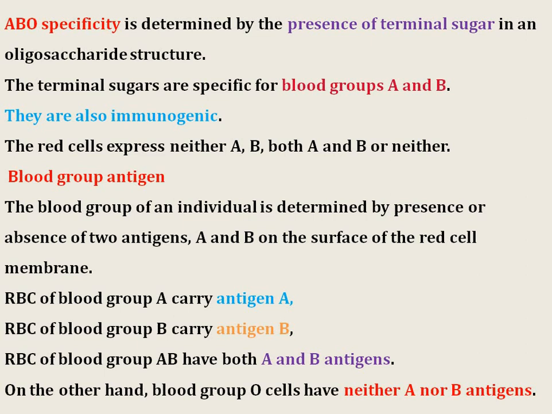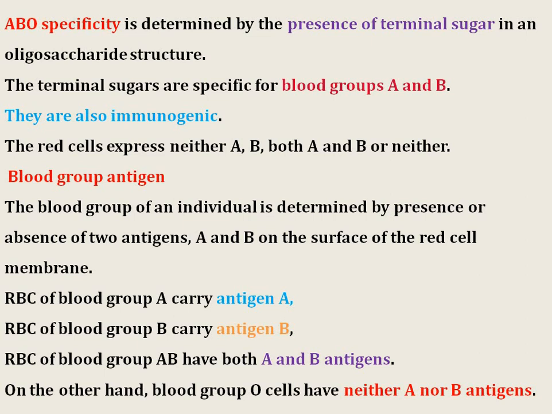ABO specificity is determined by the presence of terminal sugars in oligosaccharide structures. The terminal sugars specific for blood groups A and B are also immunogenic, which means they are immunogens that can induce immunological responses.